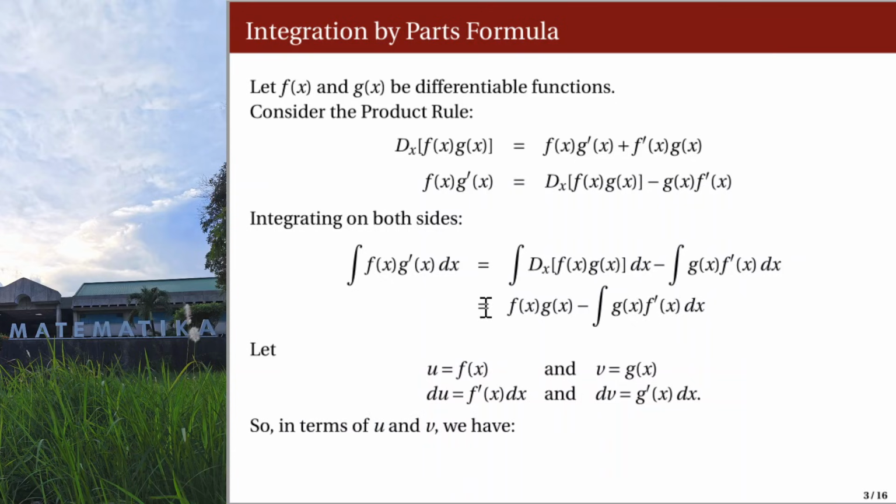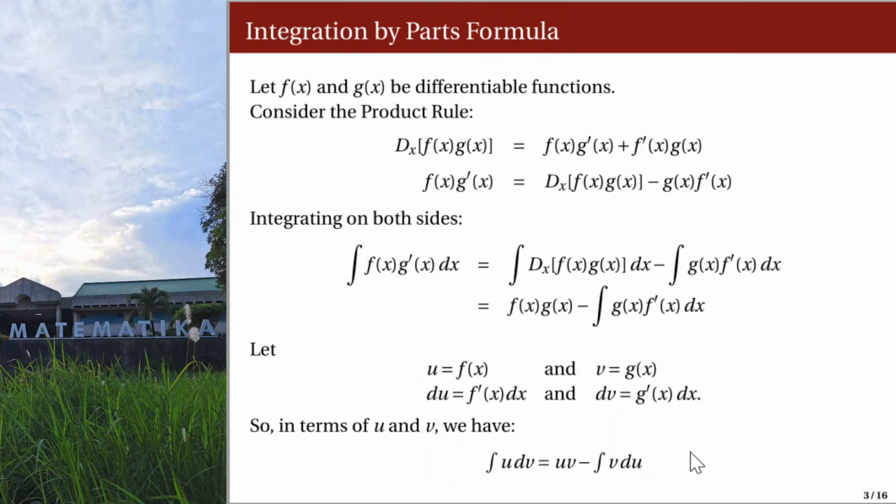So, we will have, so diba, f is u. So, you will have integral of u, and then g prime dx is dv. So, you'll have dv. Then you have fg, so that will be uv, minus integral of, and then g is v, and then f prime dx, you have du. Okay, so you have this one.